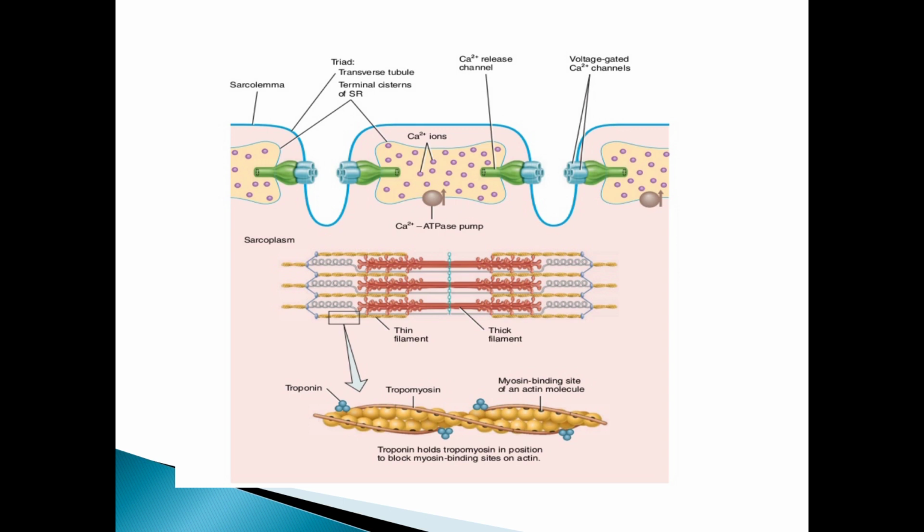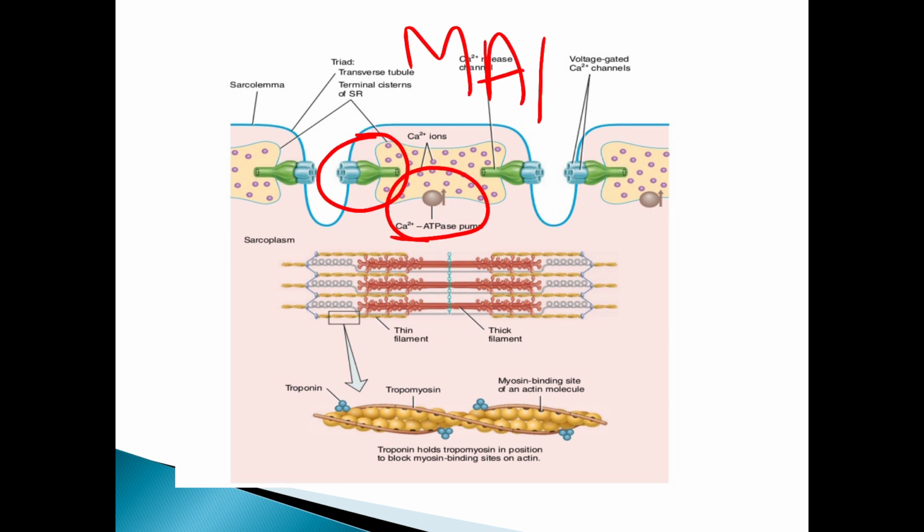So this is the calcium ATPase pump and this is the calcium release channel. When the muscle action potential reaches the sarcolemma, these channels release calcium and muscle contraction begins.